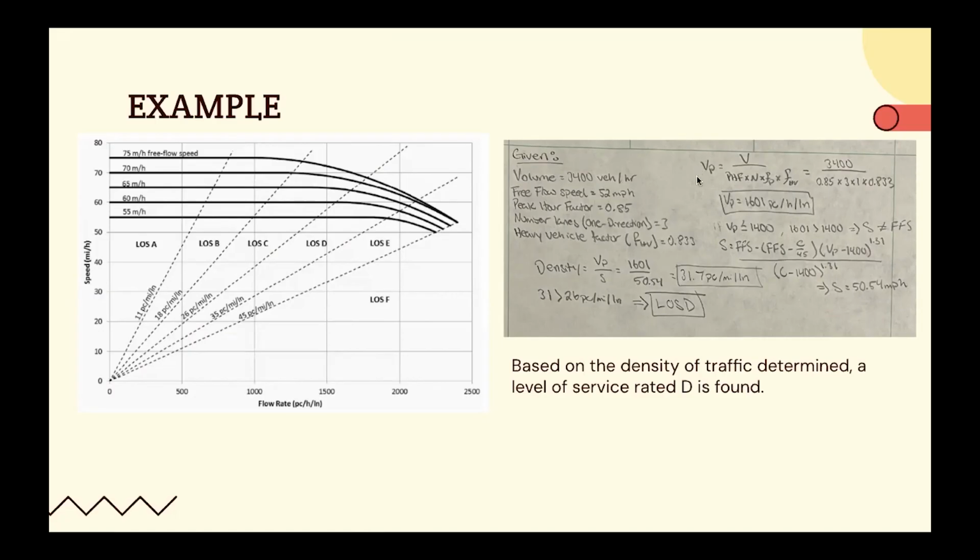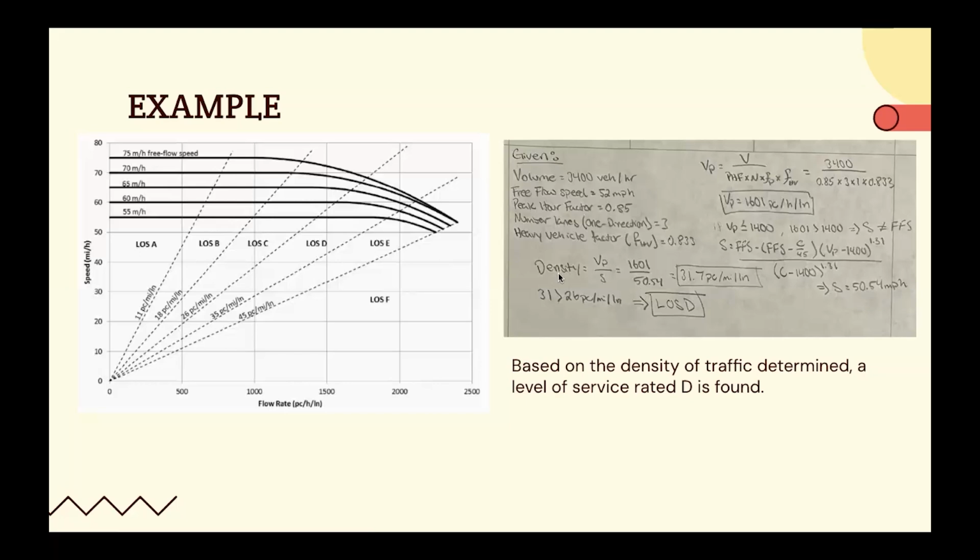The passenger car flow rate can be calculated based on this equation, and it is found to be 1,601 passenger cars per hour per lane. If this is less than 1,400, speed does not equal free flow speed. So speed is calculated to be 50.54 miles per hour.